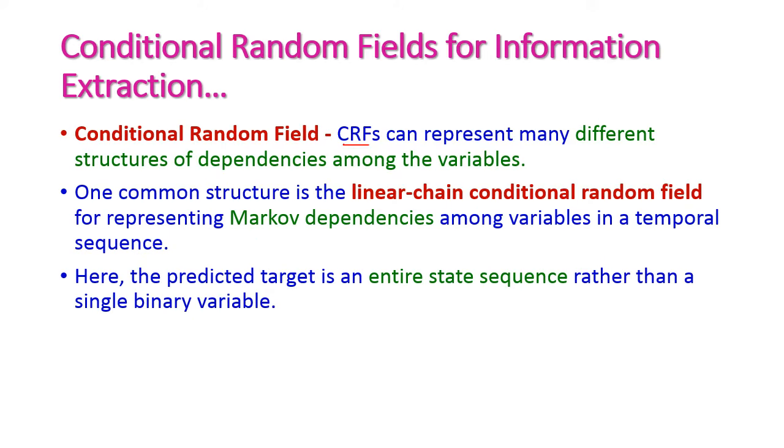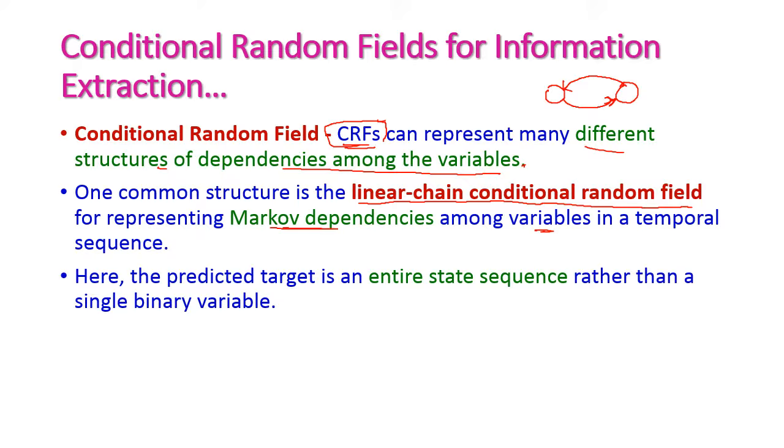Here the CRF can represent many different structures of dependencies among the variables. That means the hidden data are dependent on each other. In what way the data are dependent, and what structure is maintained, everything is represented by the CRF. One common structure is the linear chain conditional random field, which represents the Markov dependencies among variables.